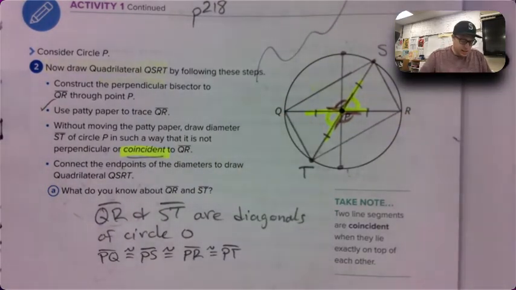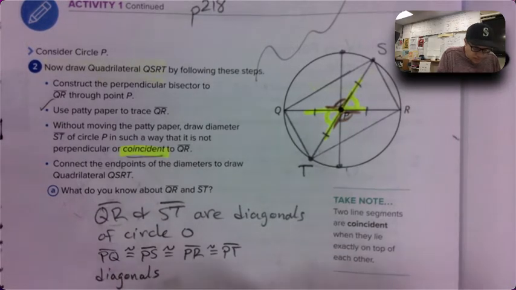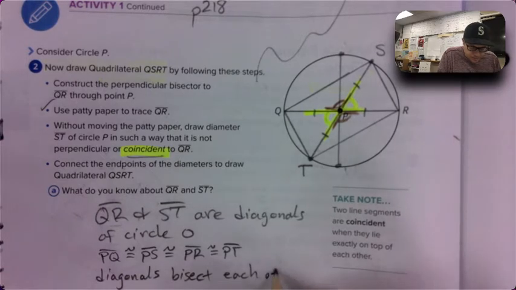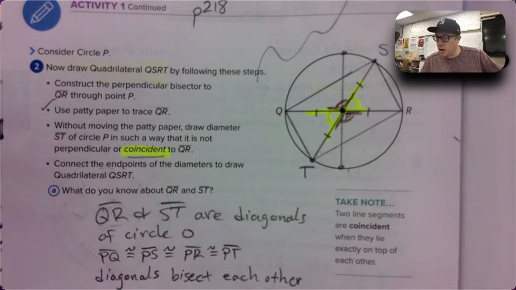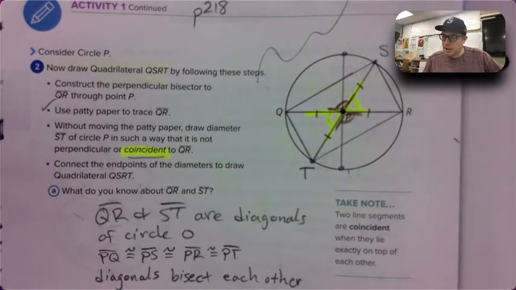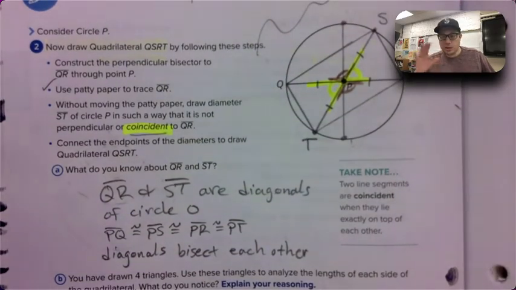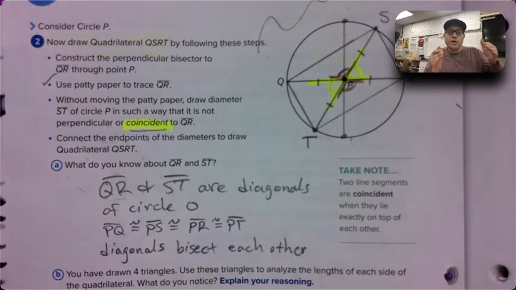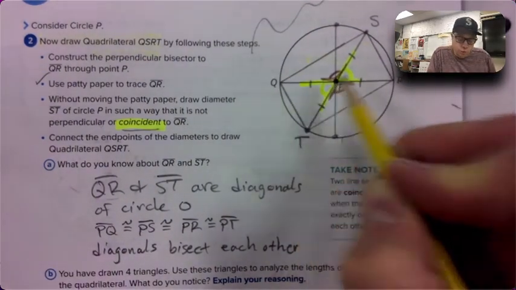So that means that these diagonals bisect each other. That was true on page 217 with the square, but this is the time to talk about it. Squares, rectangles, parallelograms, the diagonals will cross each other, and where they cross creates exactly the middle of that rectangle.